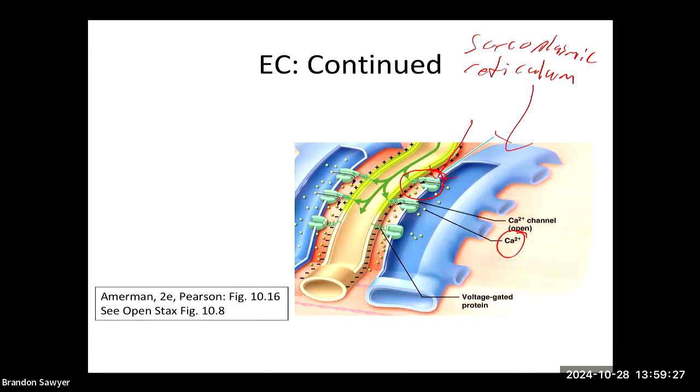And you can kind of see in the background here some actin and some myosin. So that's what's happening. All that calcium is then flowing into sarcomeres that are just right there in the background. Okay.